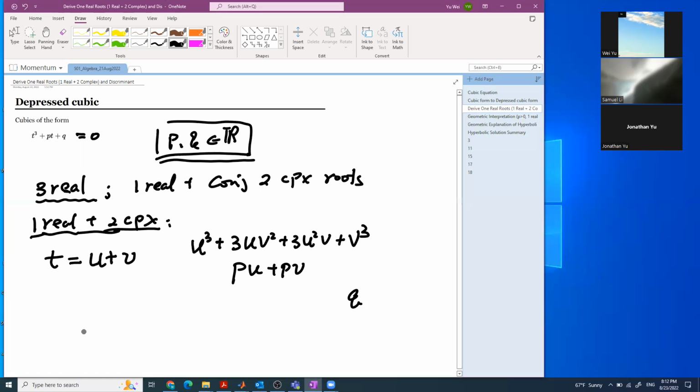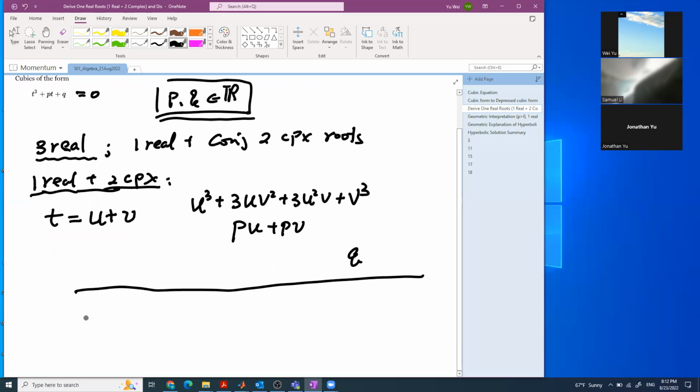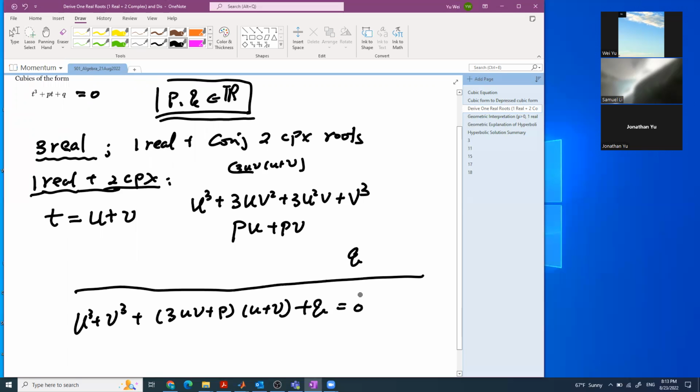So when we sum them together, we have u cubed plus v cubed plus 3uv(u plus v), and here is p(u plus v). So we basically have 3uv plus p, times u plus v, plus q equals 0.